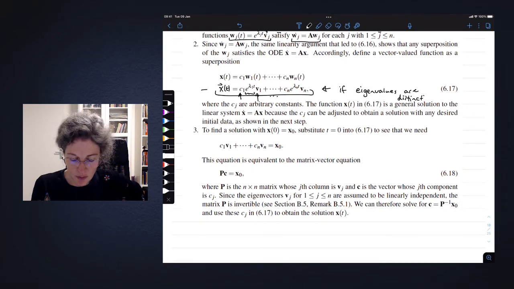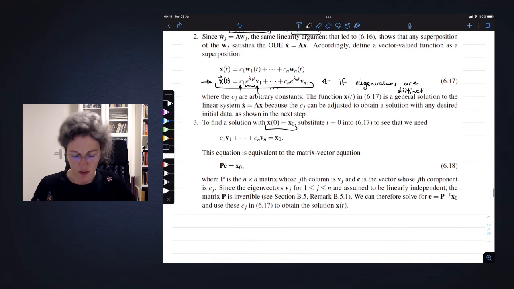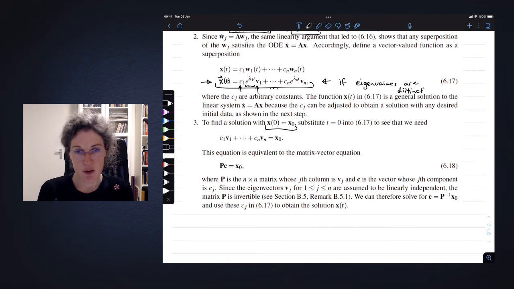So you form your general solution, then you plug in your initial conditions, find your values of C, and you're done. So this probably seems a bit crazy, but hopefully by the time you've been through it once or twice, you'll realize that we're really just doing almost exactly the same thing that we did for single linear differential equations. We just tweaked it a little bit so that we can do the matrix version.